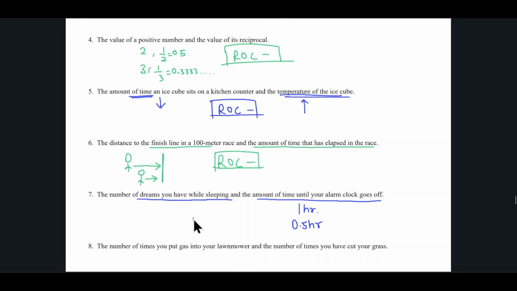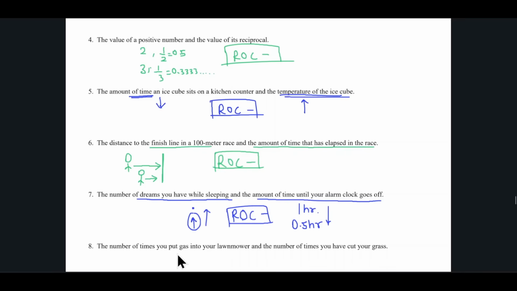Obviously you have slept more in the second case than in the 1 hour case. If you have slept more, there are more chances of having dreams. So this is going down and this is going up. So ROC will be negative over here.